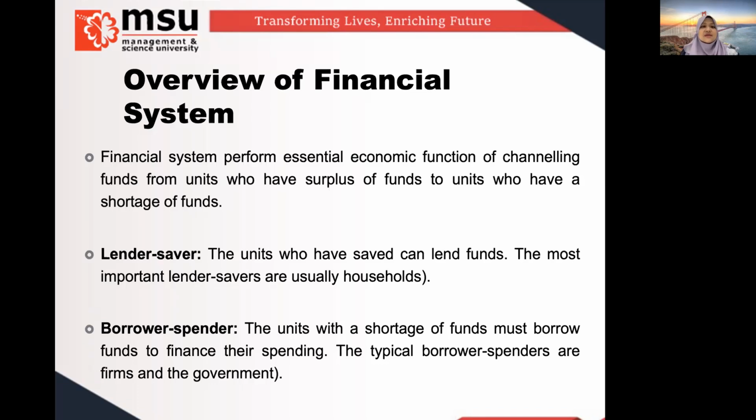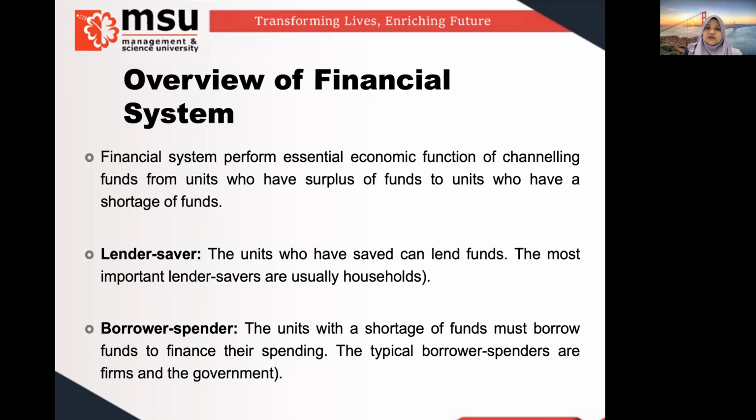While for lender, because they have more money, they will put their money in financial intermediaries, because they trust the financial intermediaries to keep their money. All right. So these financial intermediaries utilize the fund that they have to earn more money. All right. So that is the overview of financial system.